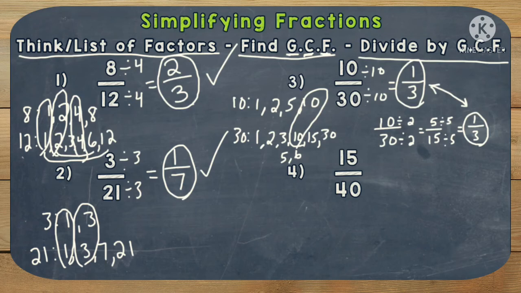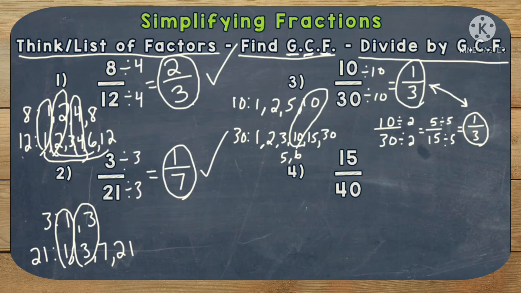And there's other paths you can take to simplify that fraction and get to 1/3. It doesn't matter what path you take as long as you break it down to where the only common factor is 1 between your top and bottom number, the numerator, which is the top, and denominator, which is the bottom.